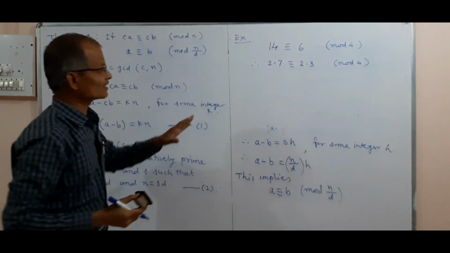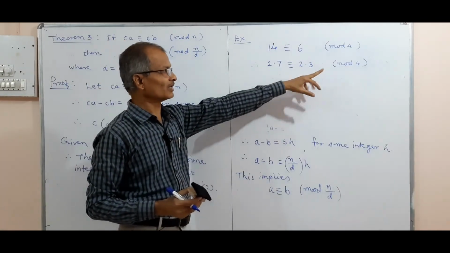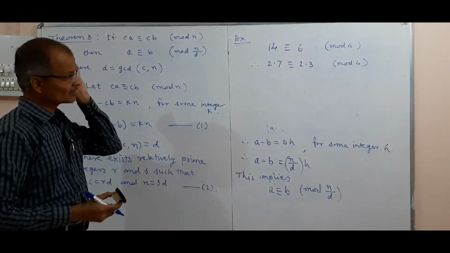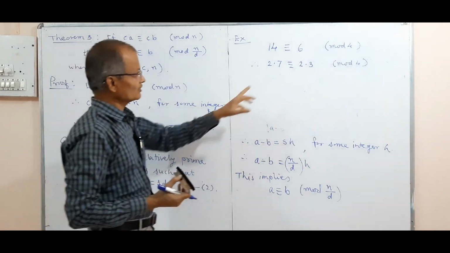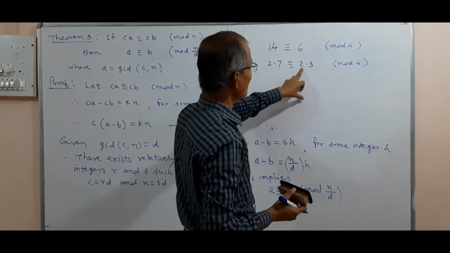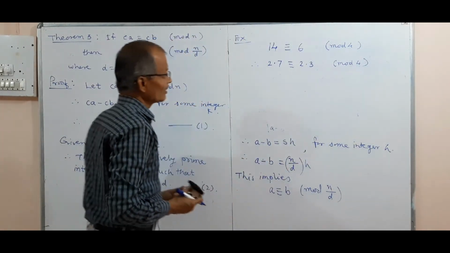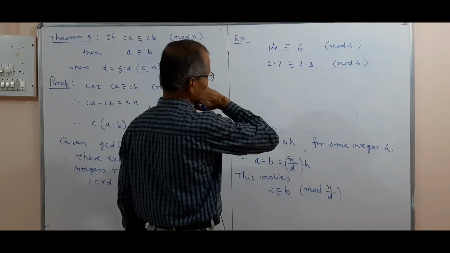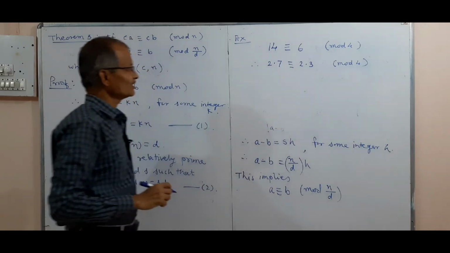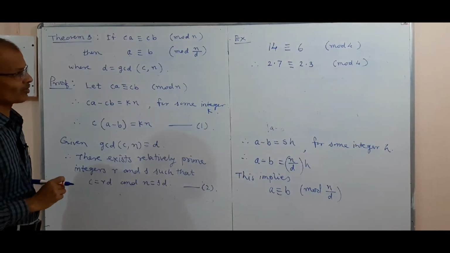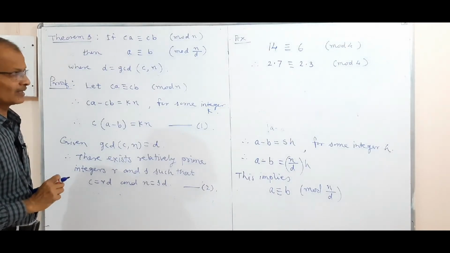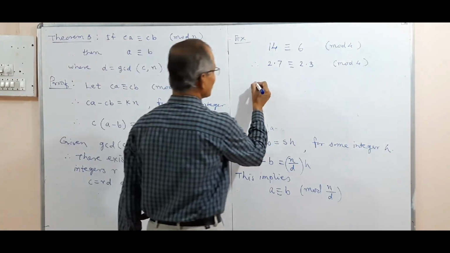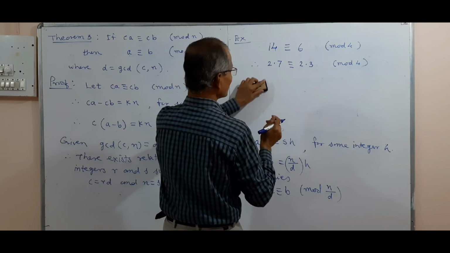But this does not imply 7 is congruent to 3 under modulo 4. What we should have is the GCD of 2 and 4, which is 2. So we have to show whether this implies 7 is congruent to 3 under modulo 4.